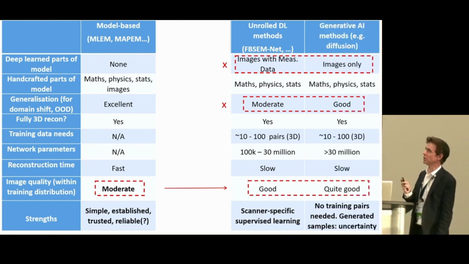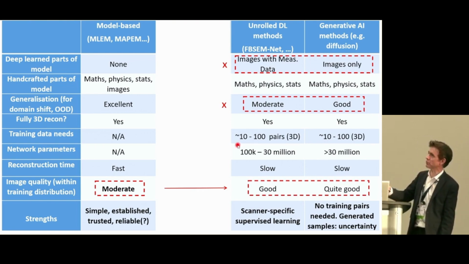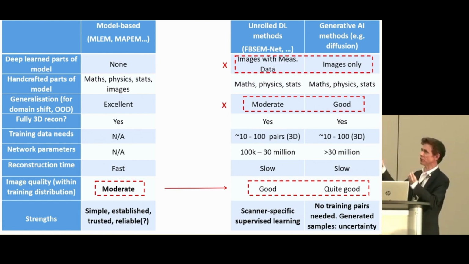And so in come the generative AI methods, diffusion model-based methods, where the differences are, as I'll go into next, we can now get away with just learning from images only, and we go from moderate to better levels of generalization, because we're no longer doing supervised learning for a very particular scanner, very particular noise level.